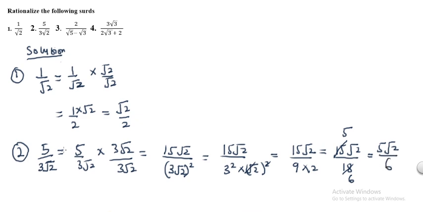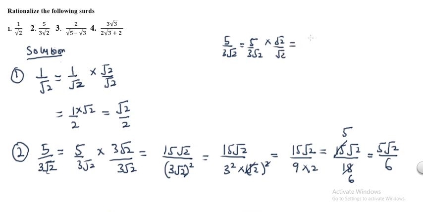In this case, since the target was just to eliminate this surd, we could have just used root 2. So watch another way we could have done this. This is 5 divided by 3 root 2. The target is to eliminate root 2, so we can just multiply the numerator and the denominator by root 2.